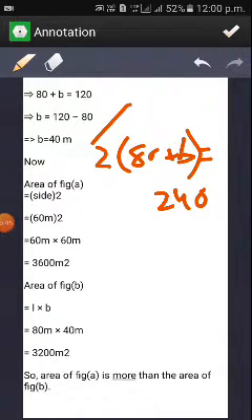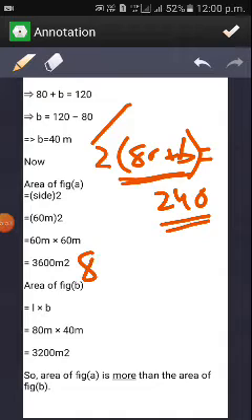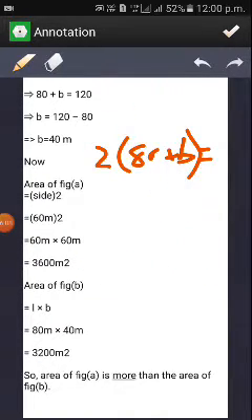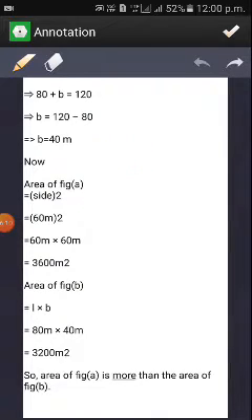Now transferring this 2 which is multiplied to this term to the right hand side, it will get divided, so it will become 80 plus b equal to 240 divided by 2. Dividing 240 by 2 we will get 120. So we arrived at this equation, 80 plus b equal to 120.